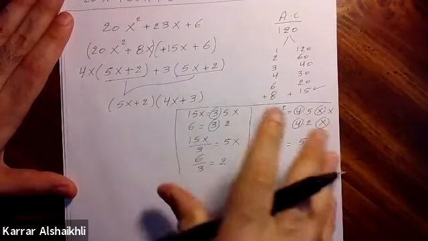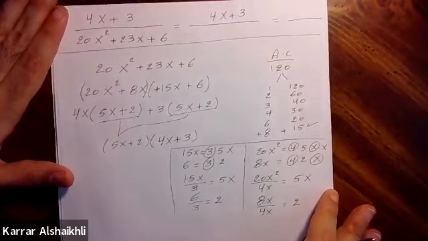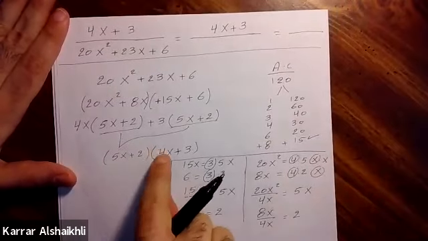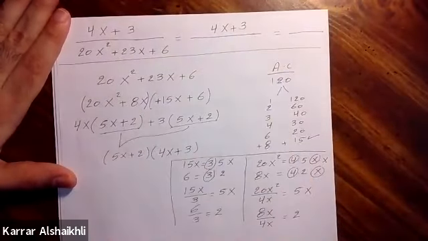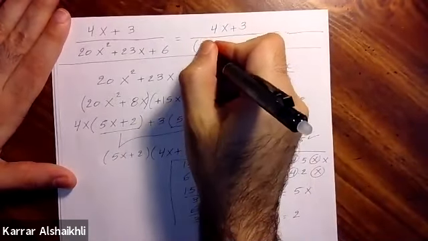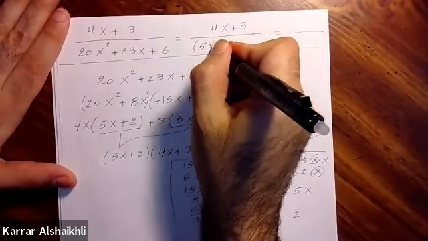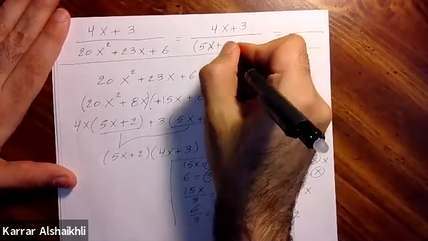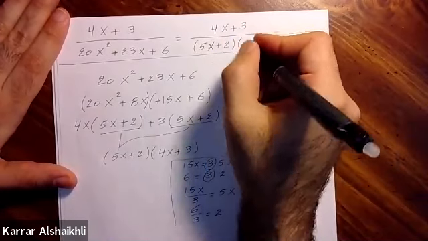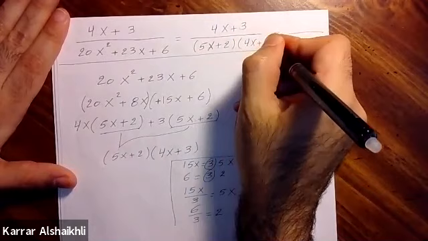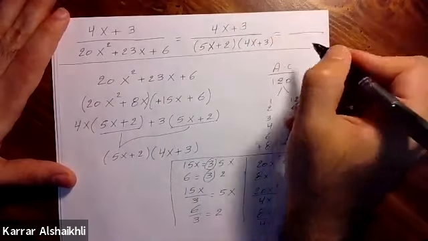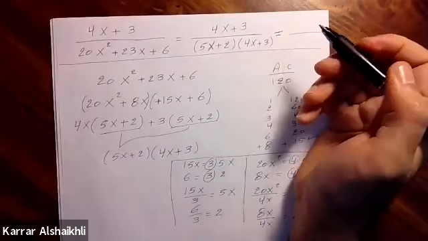This is the result for the bottom part. I'm just going to go back and write down the result on the bottom part, which is here. So it's going to be 5x plus 2 and 4x plus 3.